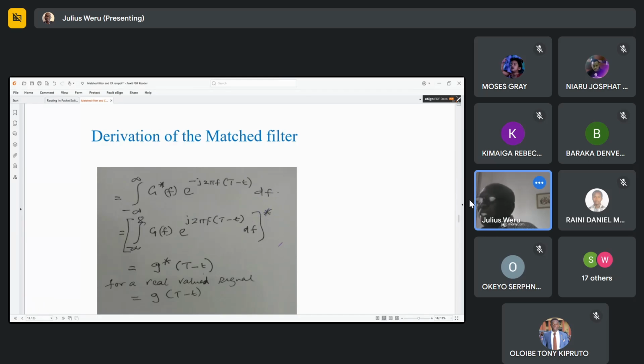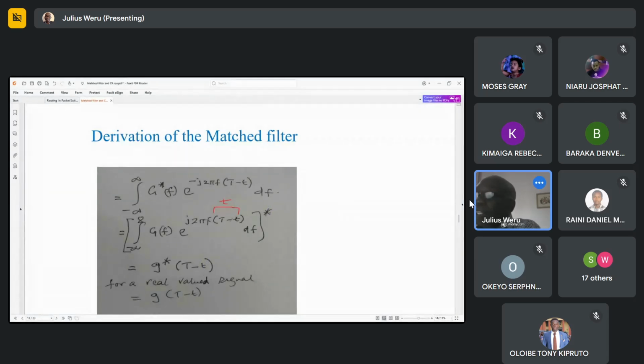Conjugate outside. And this, just by definition, because normally for g of t you will have this as g of f e to the j 2 pi f t. So this is like the t. So definitely this means this is the same as g of t minus t, and of course in the conjugate.